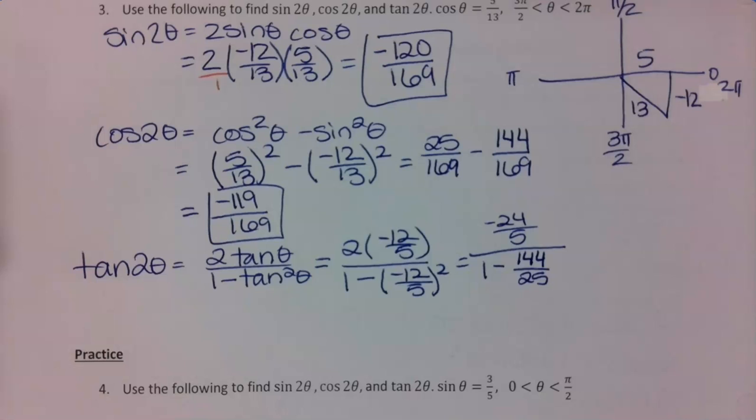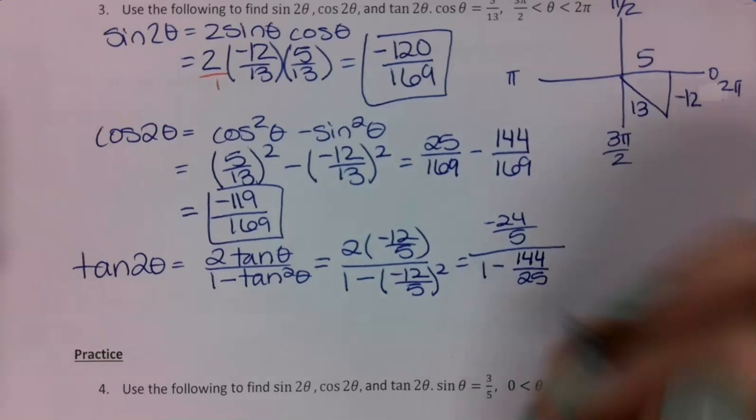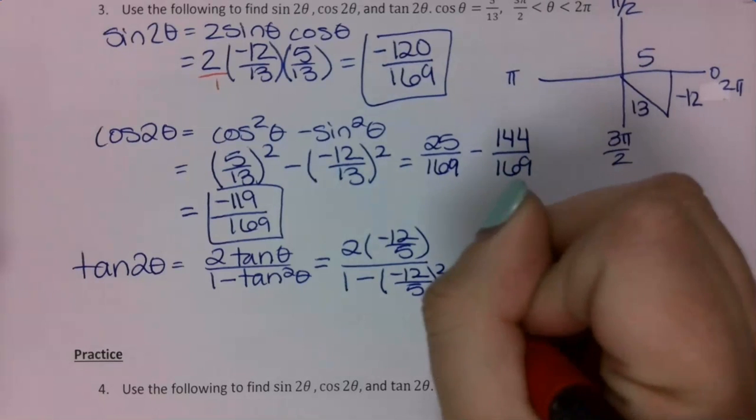Okay, what do you want me to do next? I have whole numbers and fractions. I want to make them all fractions before I multiply by the reciprocal. So I'm going to take this 1 and multiply by 25 over 25.